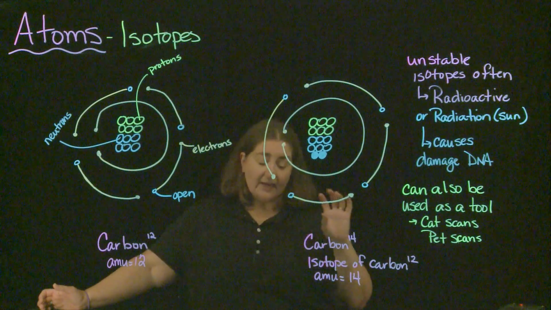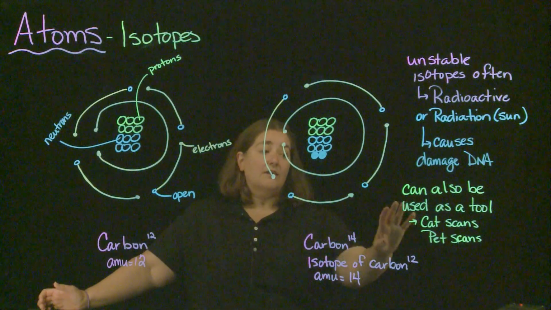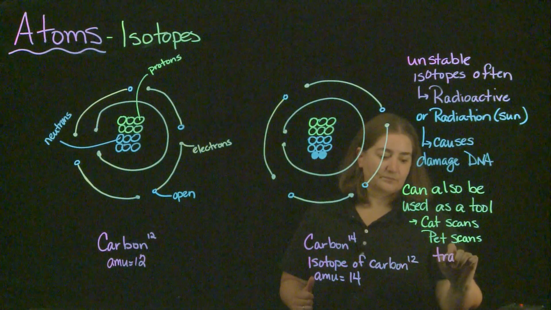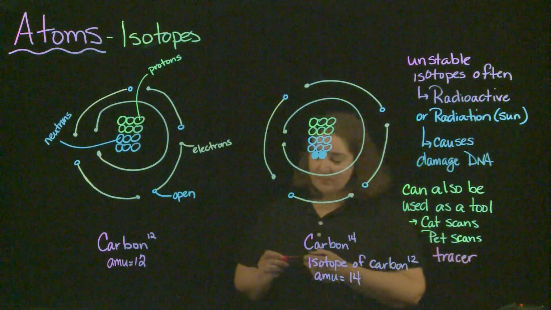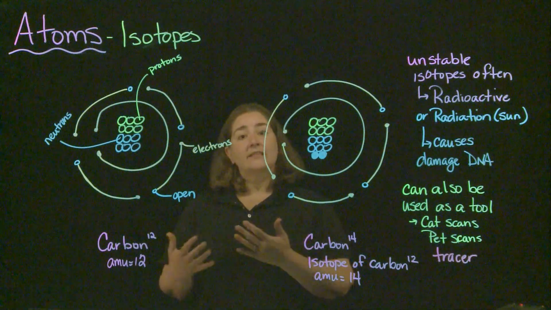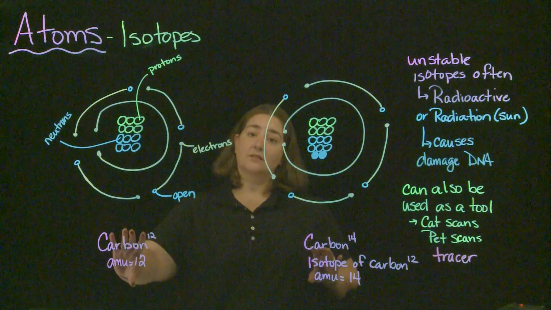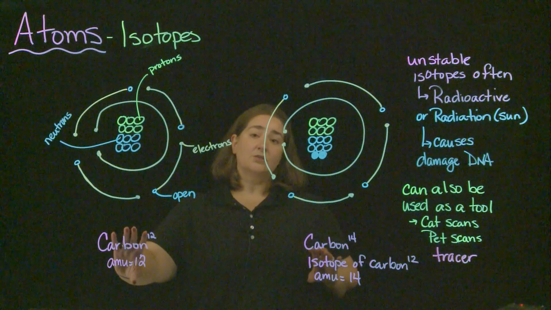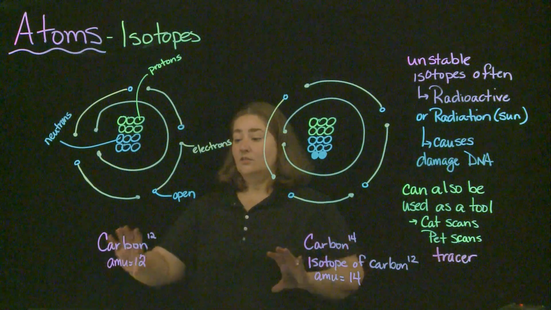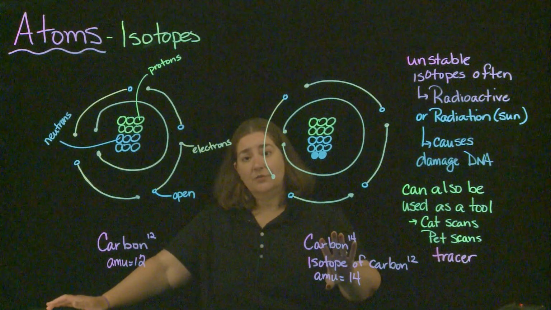Those heavy elements can be used as a tracer, which means with the imaging and the technology we have, that technology can pick up the difference between the heavy element and the regular element. You've got carbon that makes up every single cell in your body, carbon 12. You don't have carbon 14 that makes up every cell of your body.